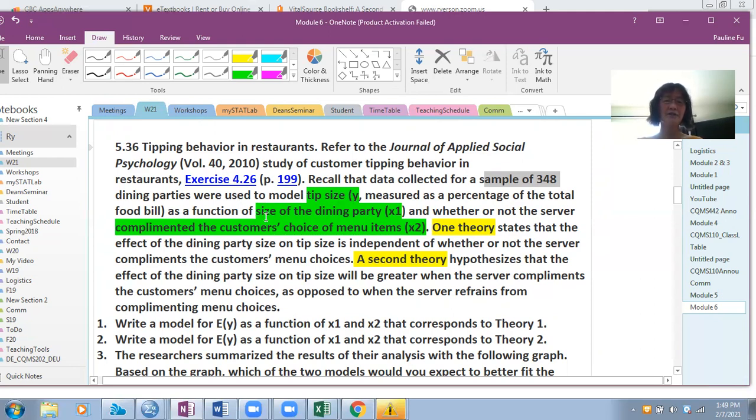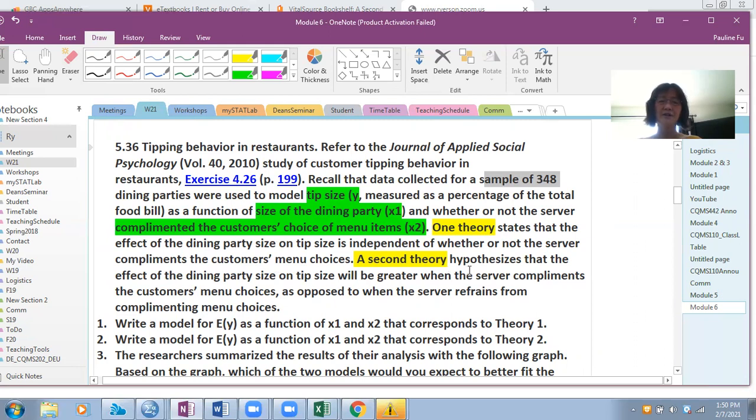Y is a function of size of dining party, which is X1, and whether or not the server complimented the customer's choice of menu item, that is X2. There are two theories. One theory states that the effect of dining party size on tip size is independent of whether or not the server compliments the customer's menu choice.